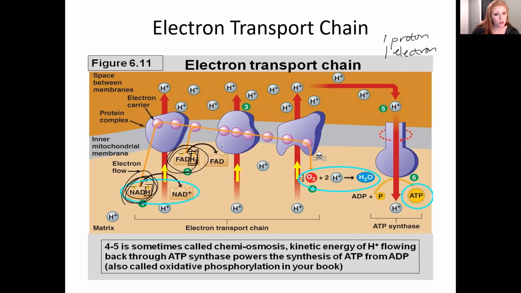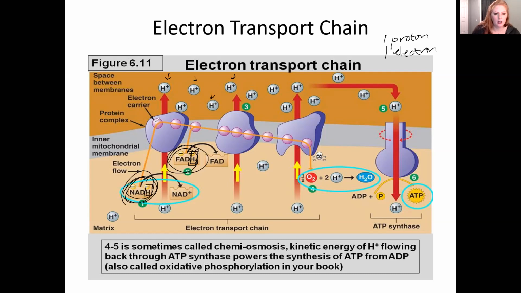And hydrogen is super willing to give up its electron. It would rather not have one, okay? So when the electron carriers drop these off, the electrons and the protons in hydrogen separate. We have the electrons going down the electron transport chain, and then we have the protons that are going to form something called a proton gradient. We'll talk about that in a second.